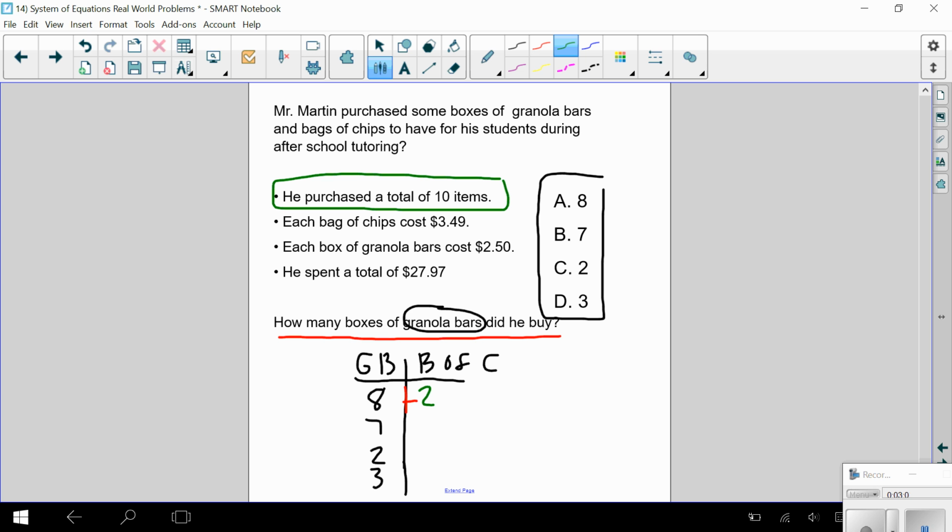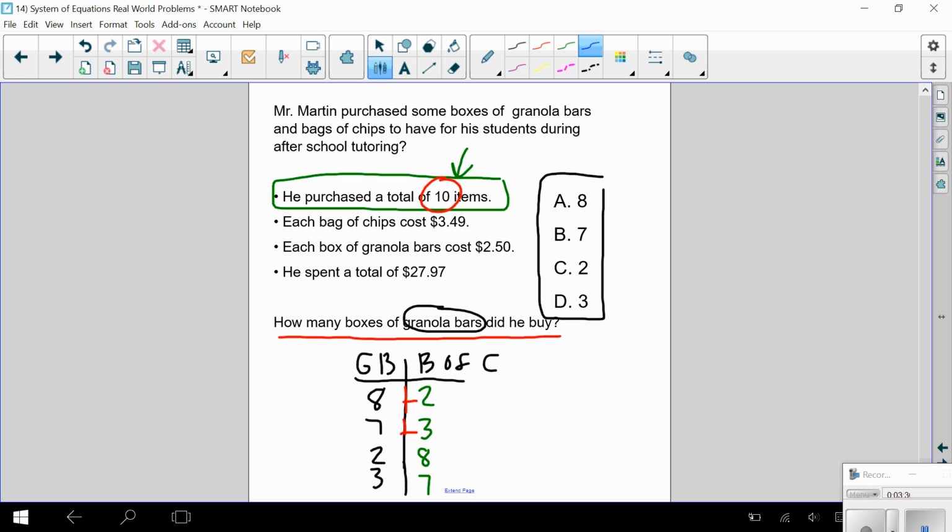If he bought 7 granola bars, we know that he bought 3 bags of chips because 7 plus 3 is 10. If he bought 2 granola bars, we know that he bought 8 bags of chips, and if he bought 3 granola bars, we know that he bought 7. So those two numbers together have to add up to be 10.